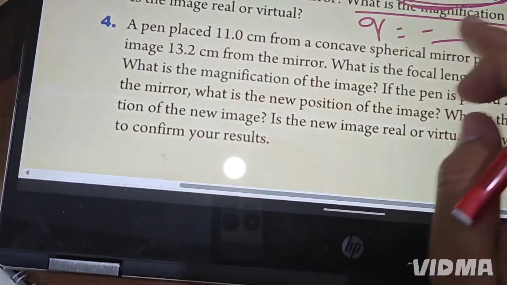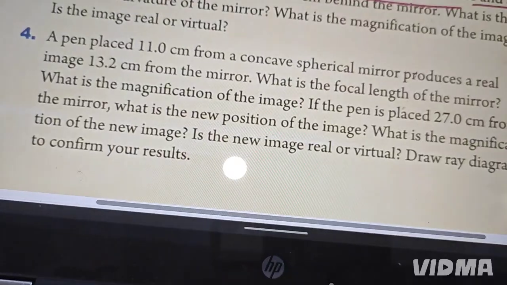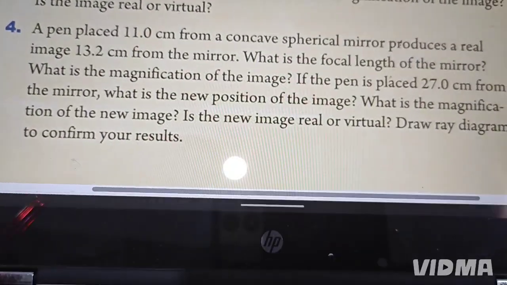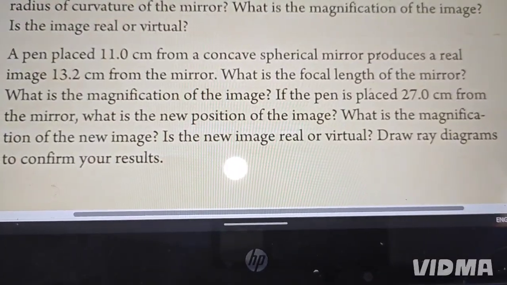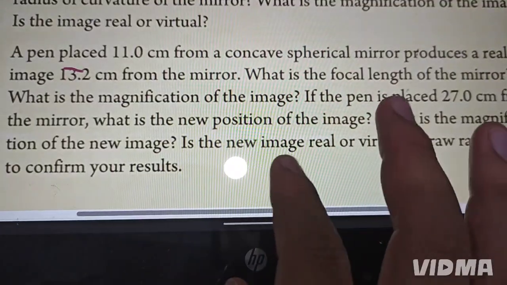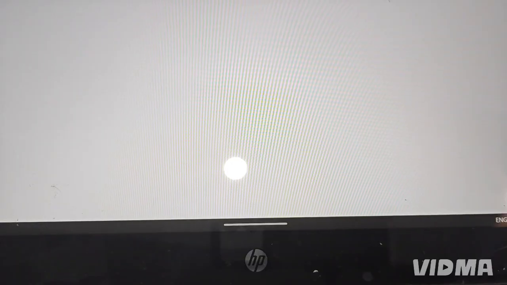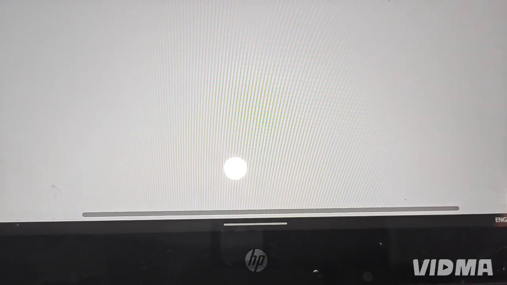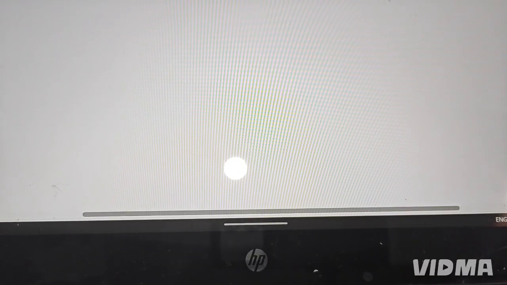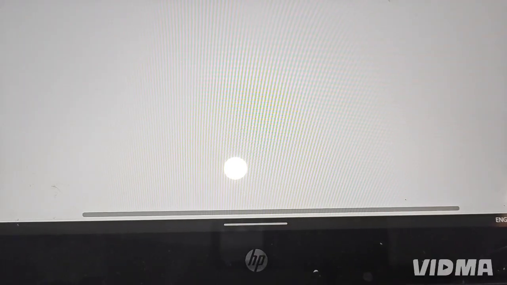Last example. Good. Take a look. A pen is placed.